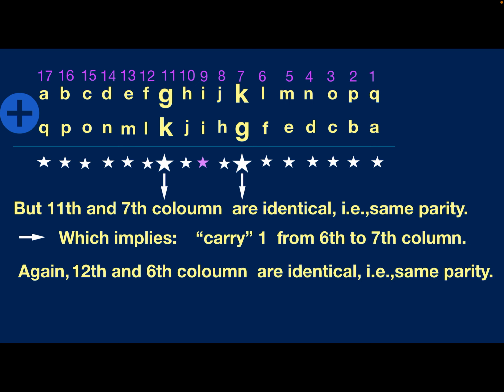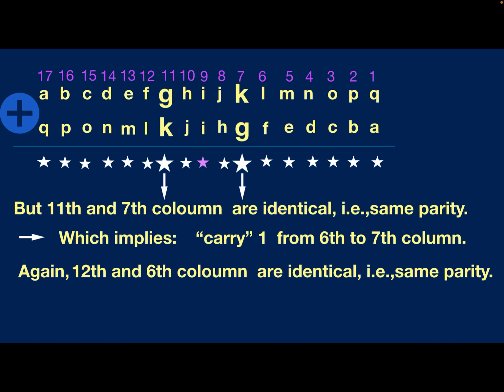Again, the 12th and 6th columns. In the 6th column there are I and F, and in the 12th column there are also F and I. The digits are the same but in reverse order. So when we add I and F, or F and I, we will get the same parity, isn't it?